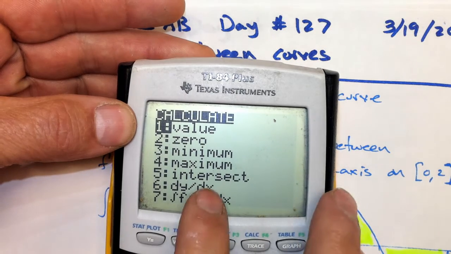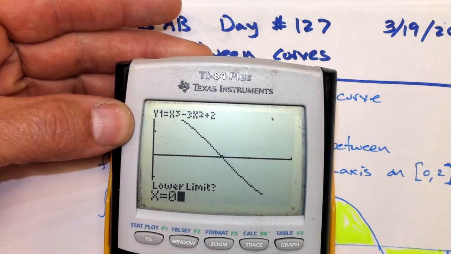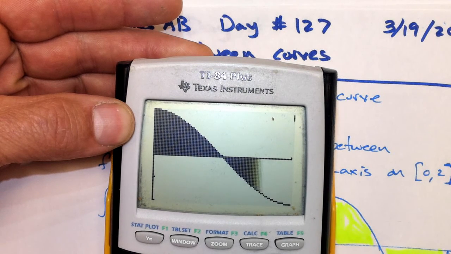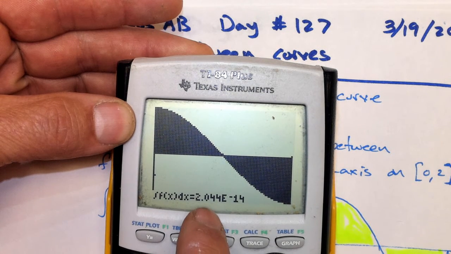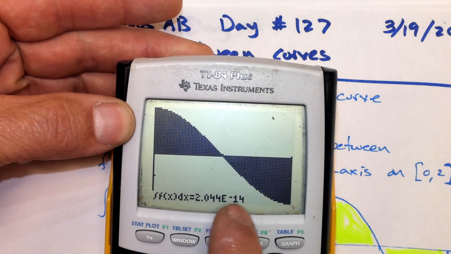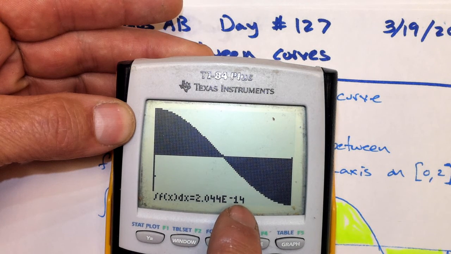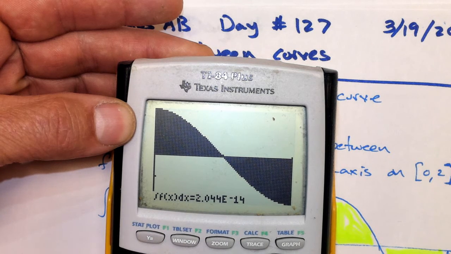the integral, lower limit 0, enter, upper limit 2, enter, and I've got this. What does it say? Well, what the heck is that? That's times 10 to the negative 14th, so that's moving the decimal left 14 places.